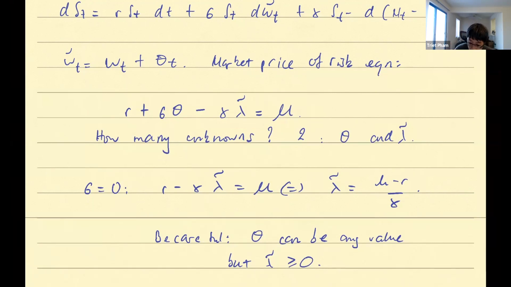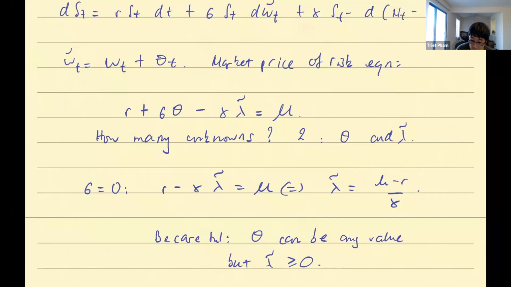So also to anticipate, here you have one equation with two unknowns. I think intuitively you see that for each theta and lambda tilde, you have one risk neutral probability.